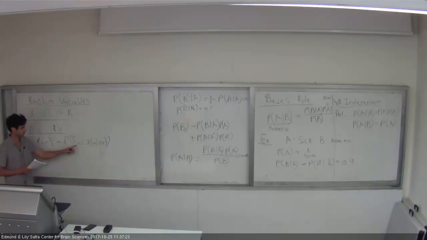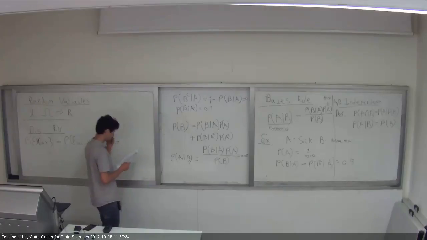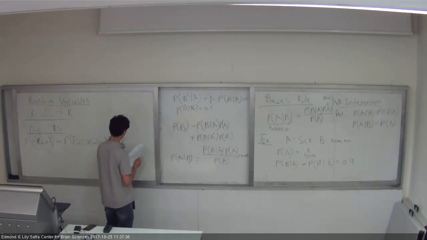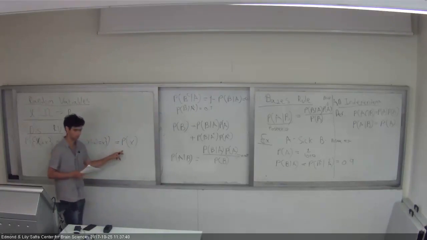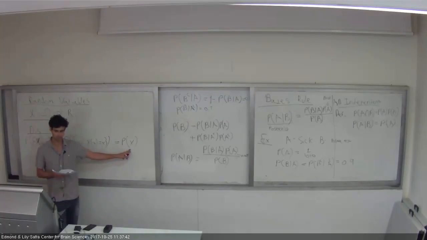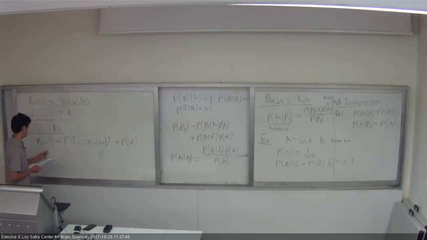And in the discrete case, it's the same as going over all the elementary events that get this specific value. So we are writing it as P of X. Okay? When we write P of X, what we really mean is this.